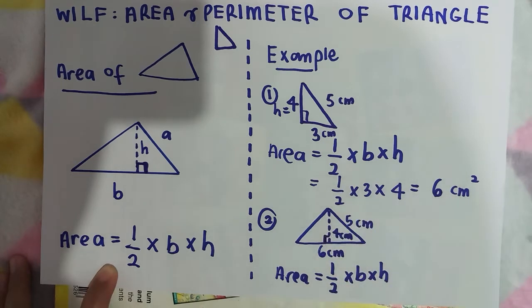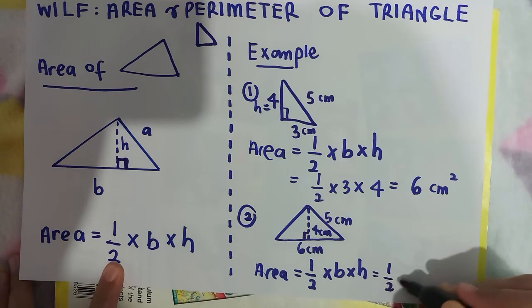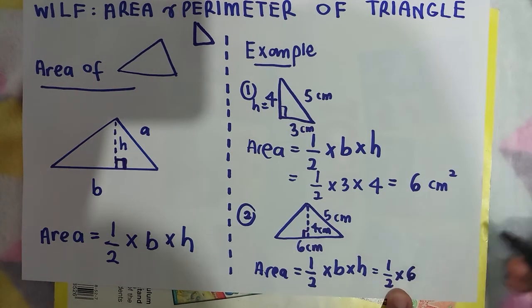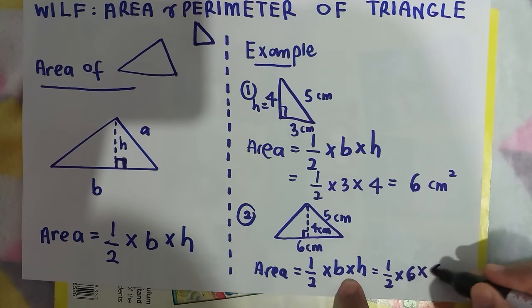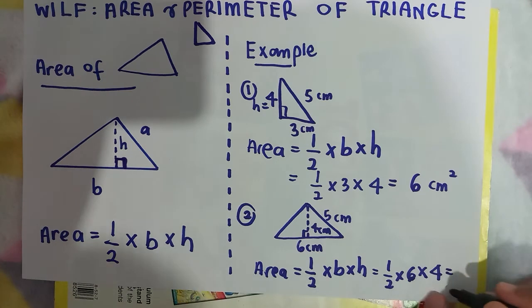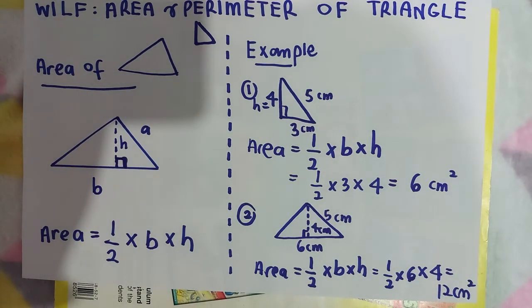So your height is 4 cm. According to the values, that is 1/2 times 6 times 4. You calculate that, you will get 12 cm square. Okay, settle.